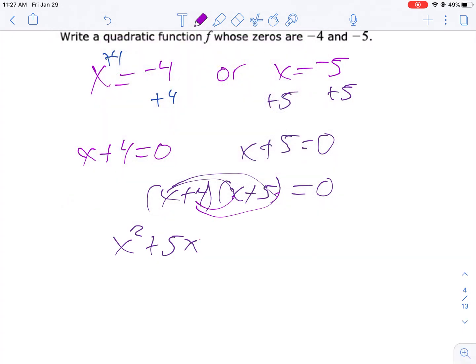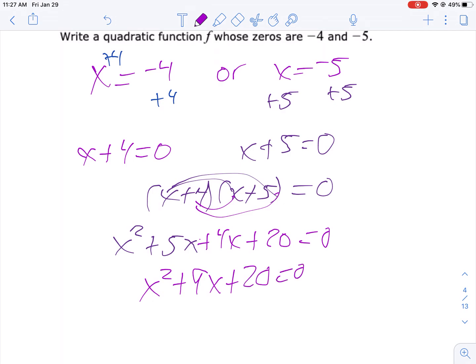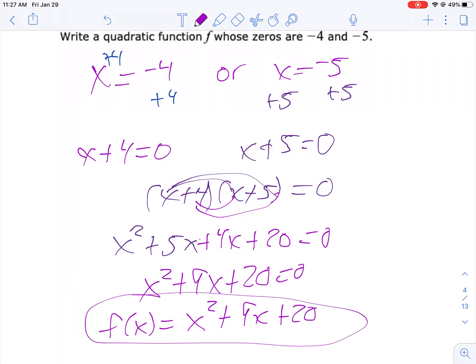So we get plus 4x plus 20 equals 0. Now, combine our like terms. x squared plus 9x plus 20 equals 0. Instead of using 0, I think I'll write f of x. So f of x equals x squared plus 9x plus 20. That would be your quadratic that has zeros at -4 and -5.